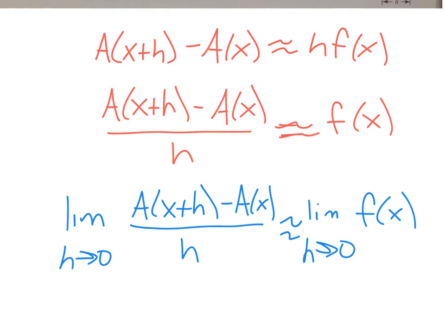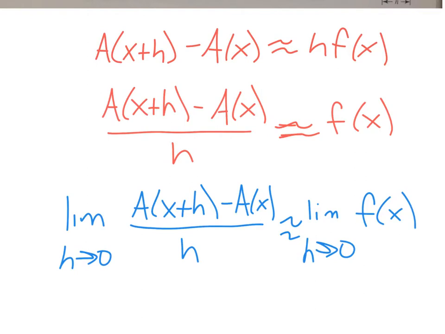Now this should remind you of stuff that we did before, because the left-hand side of this is just the definition of a derivative. And remember, a derivative is just a slope, and so this should remind you exactly of that.